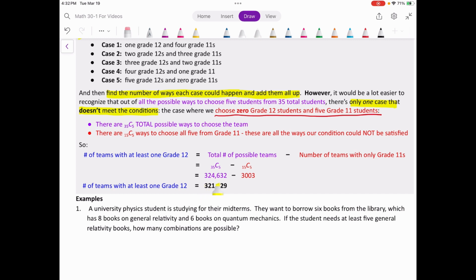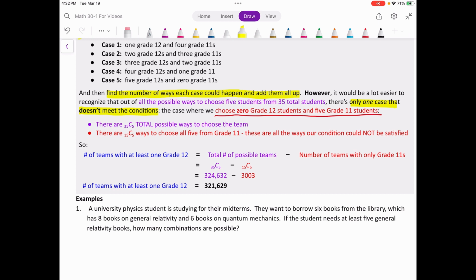All the ways to make a team if they have to have more than 0 grade 12s, right? So 35 choose 5, there's 324,632 different ways we could put this team together with no restrictions. And there's 3,003 ways to choose 5 grade 11s, right? Because again, be careful here. I'm not saying there's one way to only choose grade 11s.